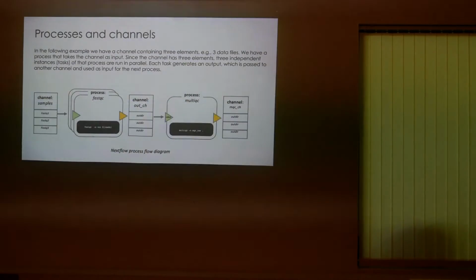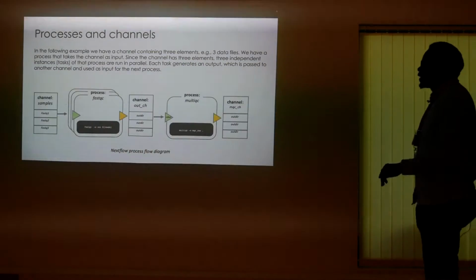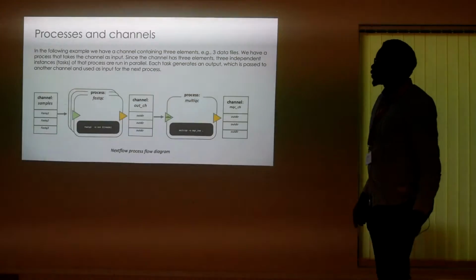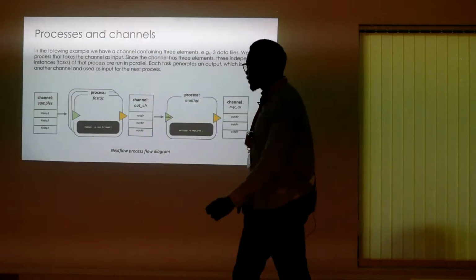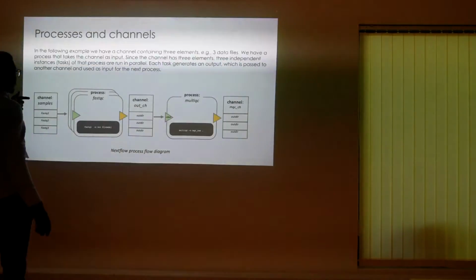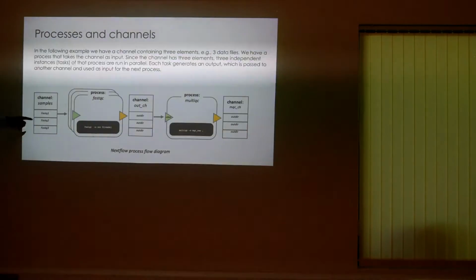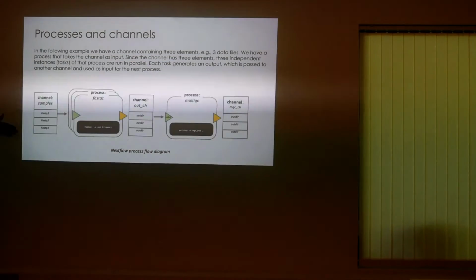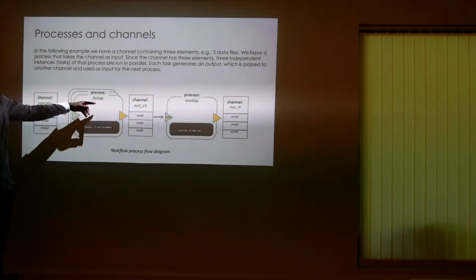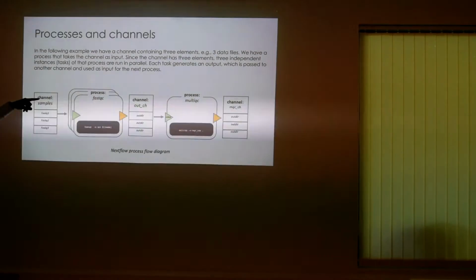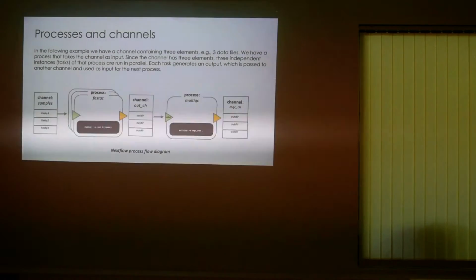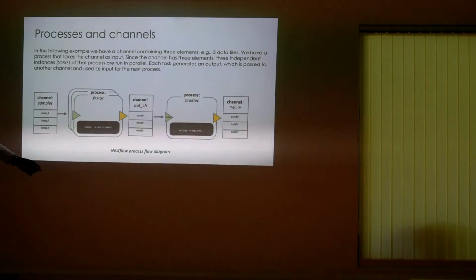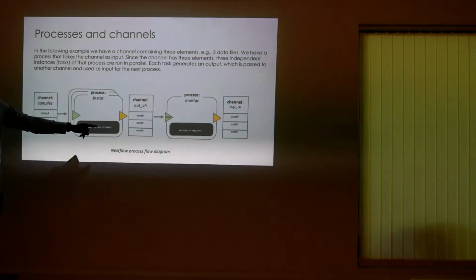So here is an example of a channel containing three components. Technically, these are data: you have your reads, first queue A1, 2, 3. And this is the process: you're running quality assessment on your files, so you give it the process which is going to do that.